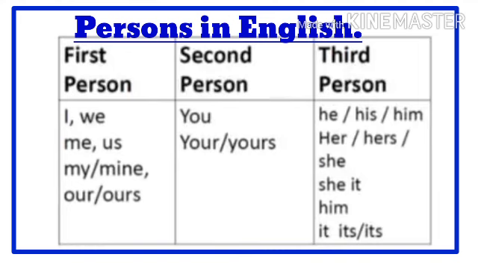In first person we consider I, we, me, us, my, mine, our, ours. Second person we consider you, your, yours. Third person, that means the people who are not with us when we speak, it is he, his, him, she, her, hers, they, them, it, its are the important persons of English.